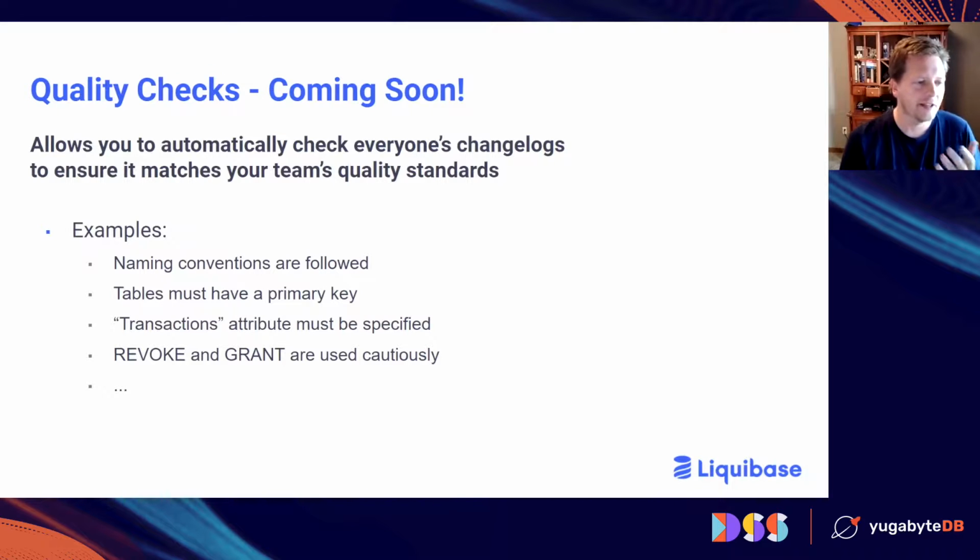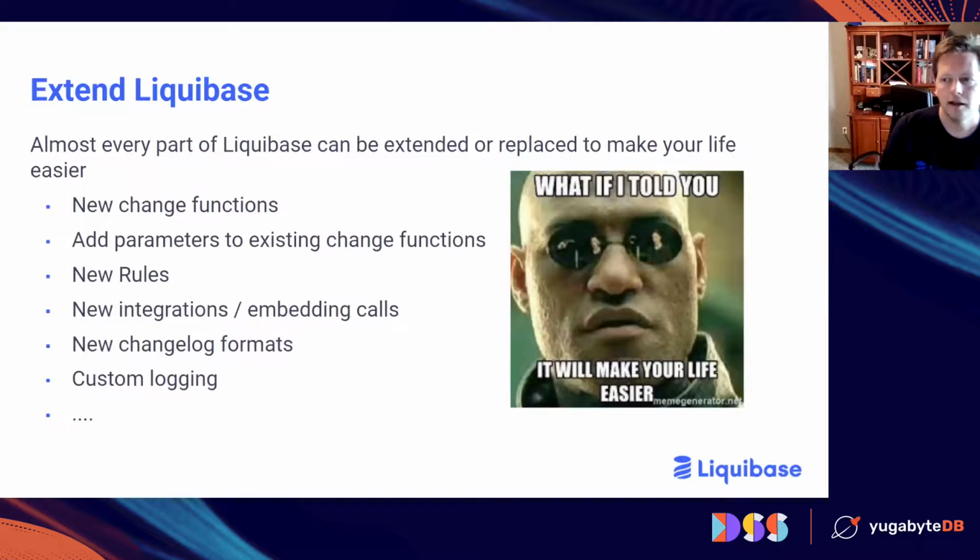You want to make sure that you don't forget to create a primary key, or that your transaction attribute on your create table gets specified. Whatever you want to make sure you do yourself, whatever you want to make sure everyone else on the rest of your team does, you can encapsulate it into rules that Liquibase will ensure are being followed. So keep an eye out for that.